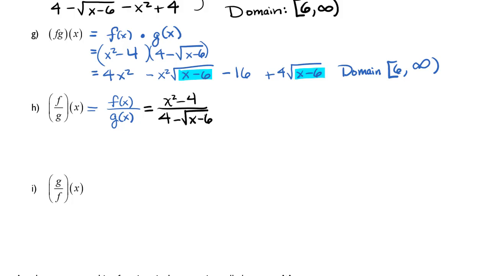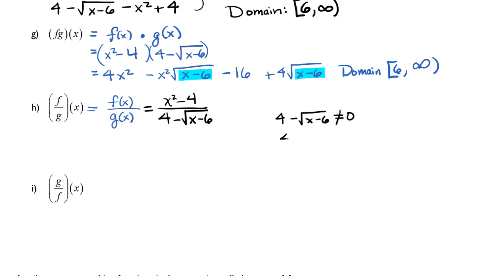This is going to cause some issues because even though it's okay to have a 0 in the radical, we also have to throw out any points at which the denominator will be 0. So now the restrictions on our domain have gotten more complicated. We could say that 4 minus the square root of x minus 6 cannot equal 0.